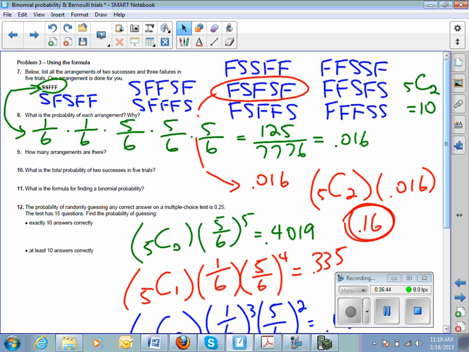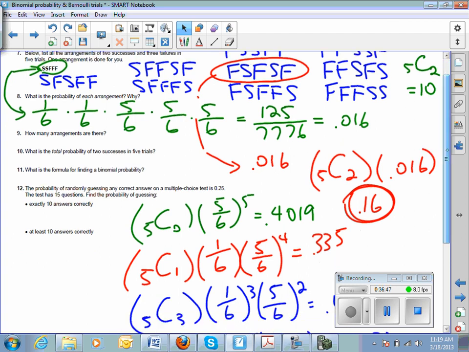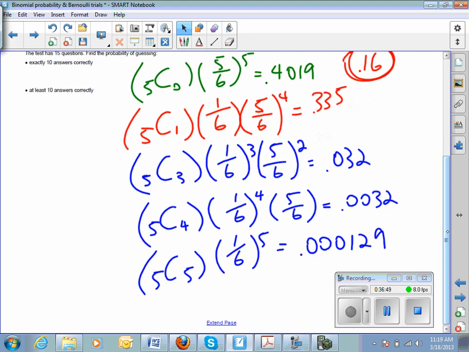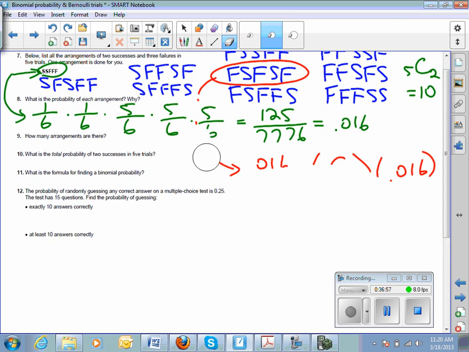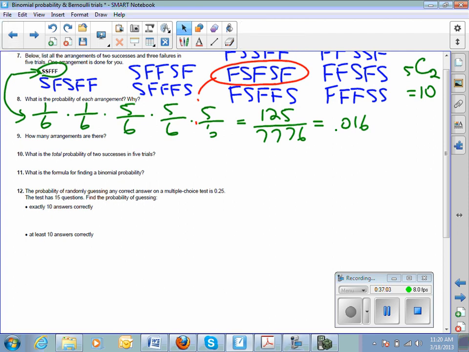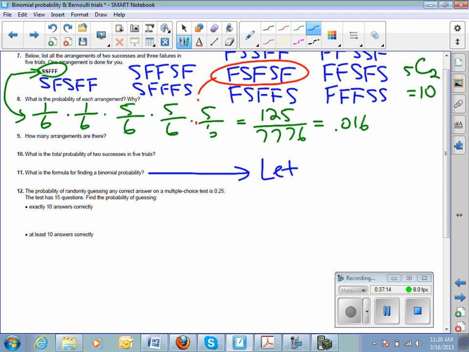So I'd like to go back and erase most of this. So here is the formula for finding a binomial probability. I want to make it look like what your book did, so we're going to let n equal the number of trials, the total number of trials.